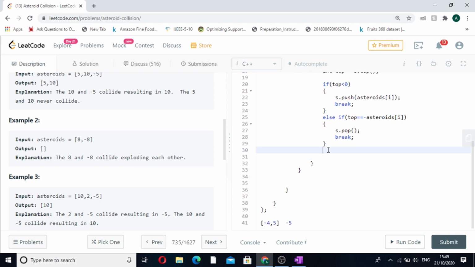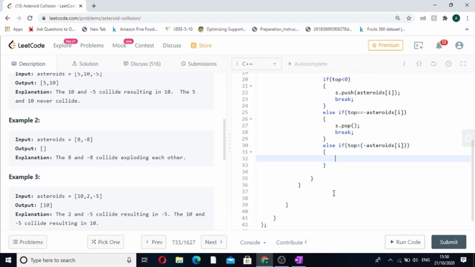Now what if there is a case when our top is greater than minus of asteroids I? What will happen?